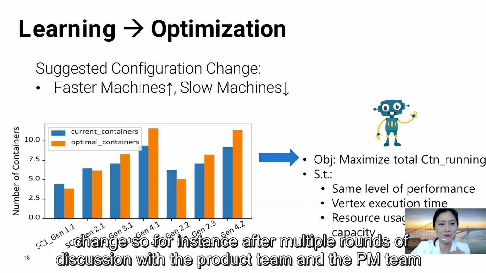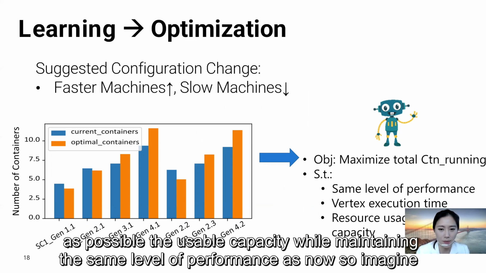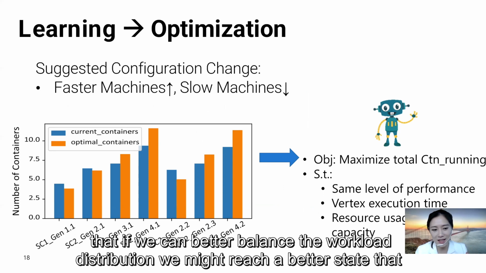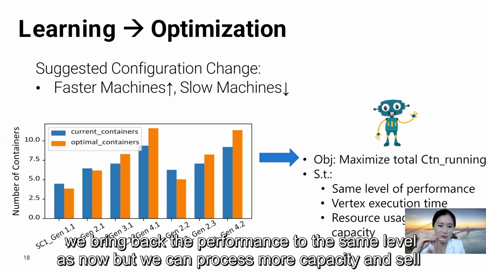So for instance, after multiple rounds of discussion with the product team and the PM team, we decided we want to make more money from the system, meaning that we want to extract as much usable capacity as possible while maintaining the same level of performance as now. Imagine that if we can better balance the workload distribution, we might reach a better state where all the jobs run faster, but in this case we want to inject more workload into the cluster such that we bring the performance back to the same level as now, but we can process more capacity and sell it to the customers.